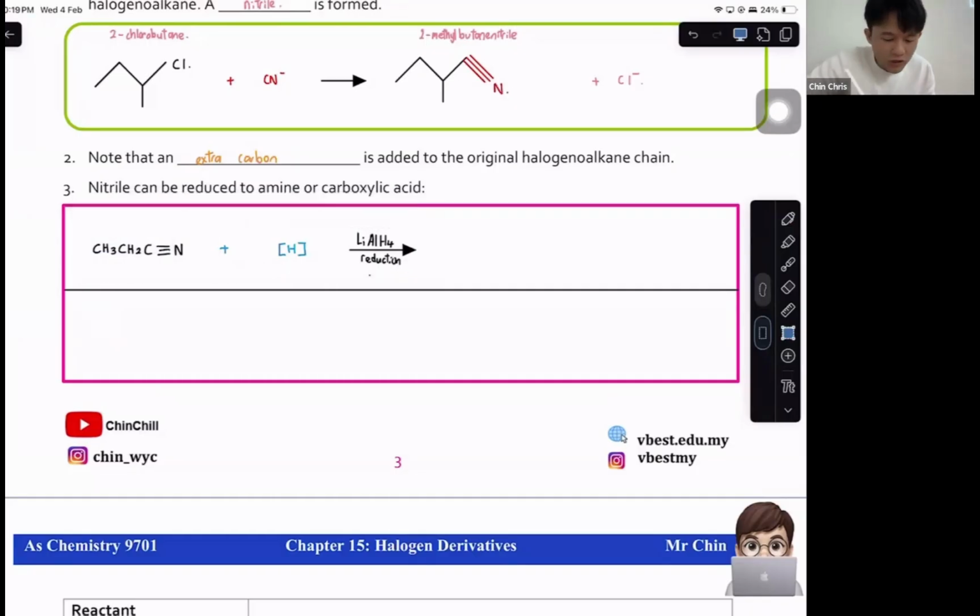So this will turn your entire nitrile into an amine. How can you turn it into an amine? You just have to break the triple bond here, so it's no longer a triple bond, and add hydrogen next to it. 1, 2, 3, 4, 4 hydrogen. So this will turn into a propylamine. That's it.